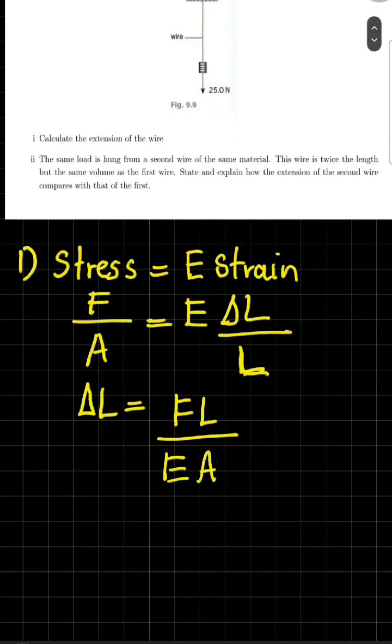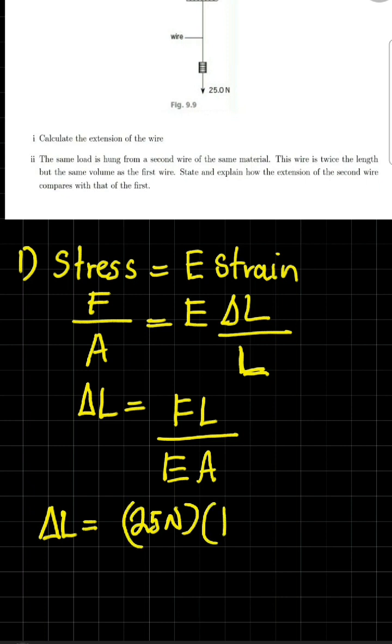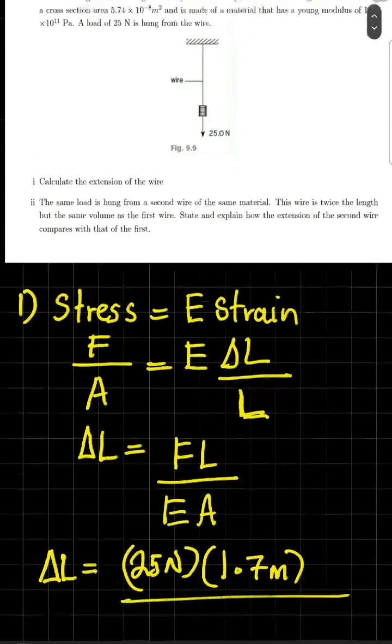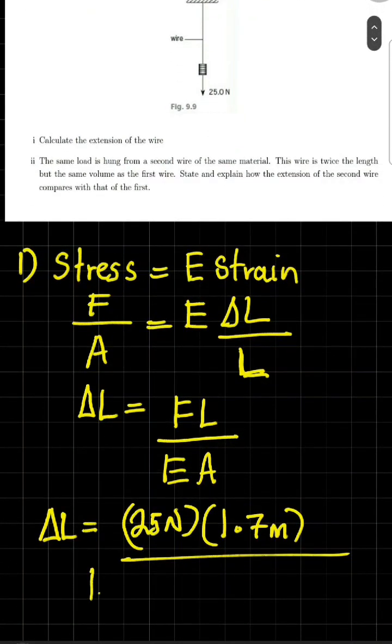From here we can just replace the force with 25 newtons. The initial length is 1.7 meters. The Young's modulus is 1.6 times 10 to the power 11 pascals.